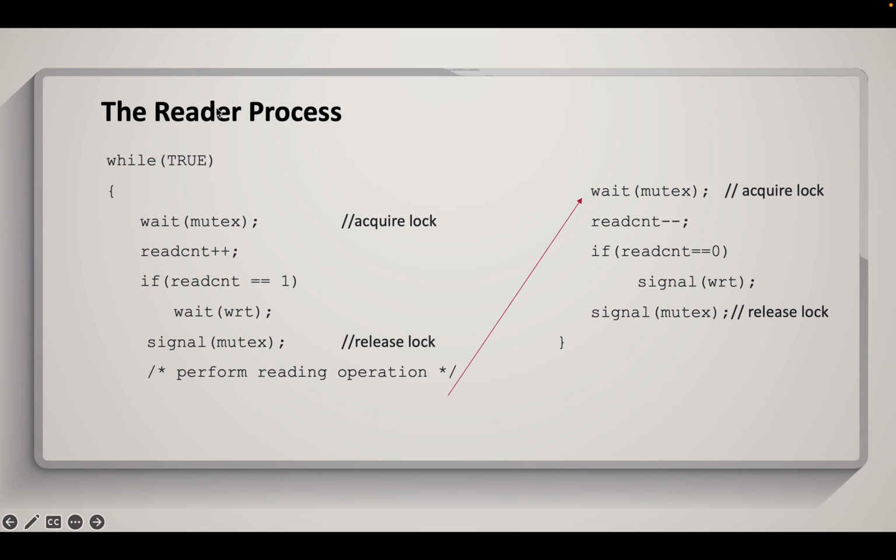Read count, because it's a reader, will be increased by 1. If this is the first reader, it has to synchronize with the writer. If it is a second, consecutive reader, the second reader or third reader, there is no need to synchronize with the writer.